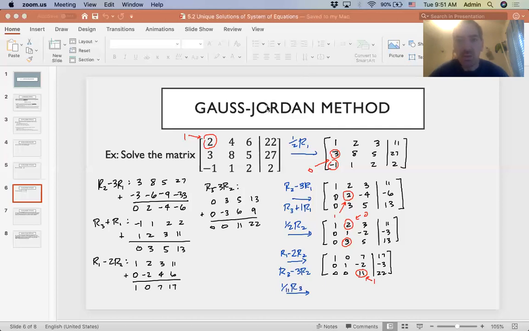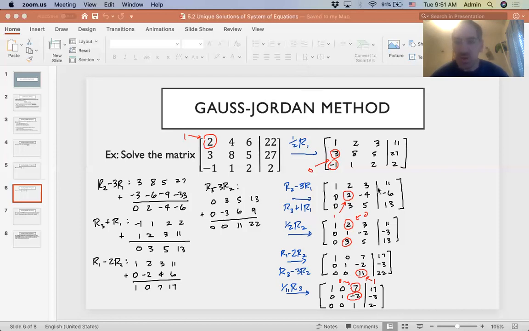And this will result in everything else being the same. 1, 0, 7, 17, 0, 1, -2, -3, and 0, 0, 1, 2. All right, we got one more step to go. Getting my zeros. Everything else in column 3 should be zeros.